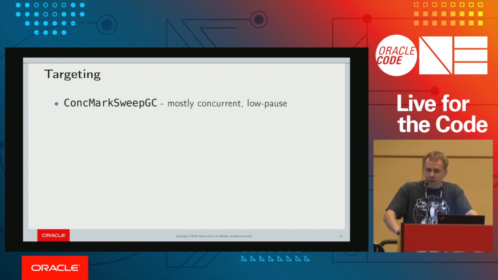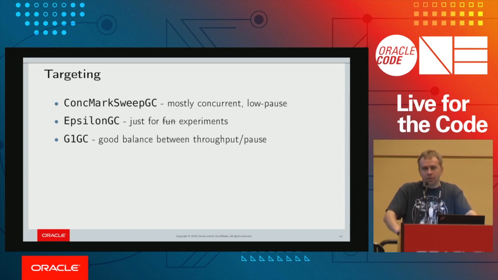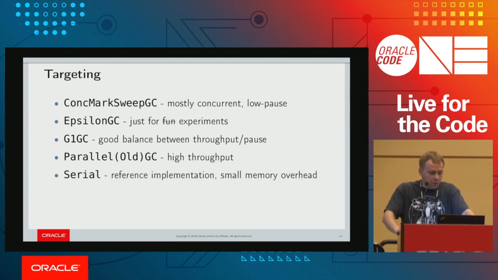Also, a little bit of detail about the targeting of the collectors. Concurrent Mark Sweep is low-pause targeting. Epsilon GC is just for experimental things and measuring something. G1 is a nice default balance right now. Parallel provides high throughput.